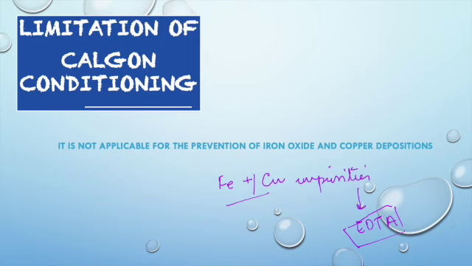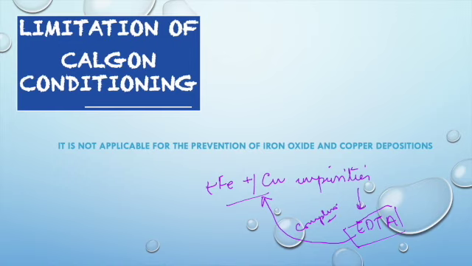And what does it do? It goes and makes a complex with the copper or iron. So in a way you are preventing the formation of scale by the iron and copper salts, by letting them form a complex with EDTA, which is a soluble one.